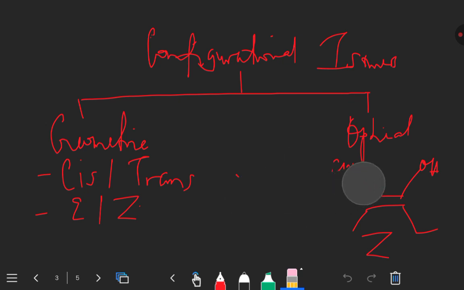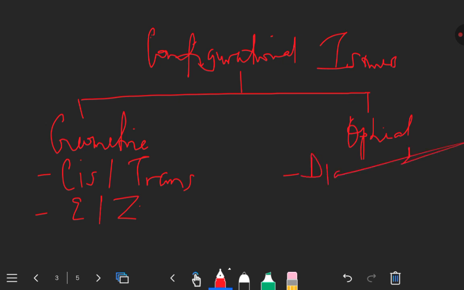Optical configuration isomers are also divided into what are known as diastereomers and also what are known as enantiomers.